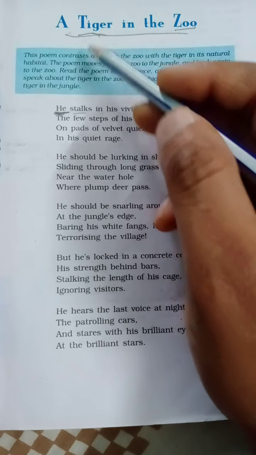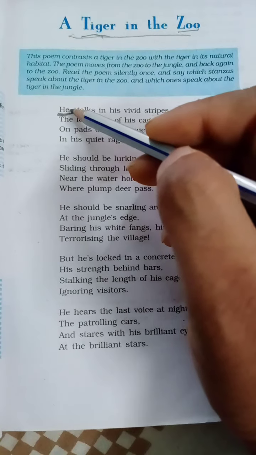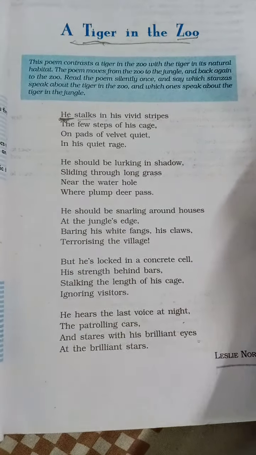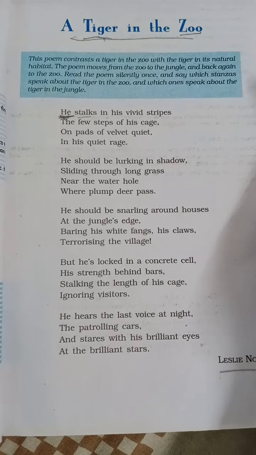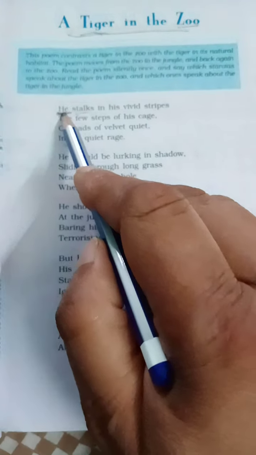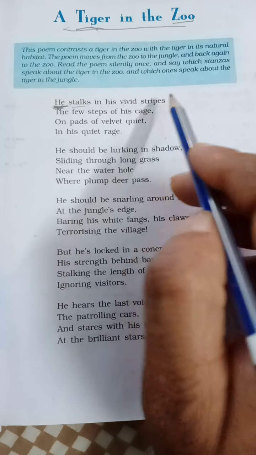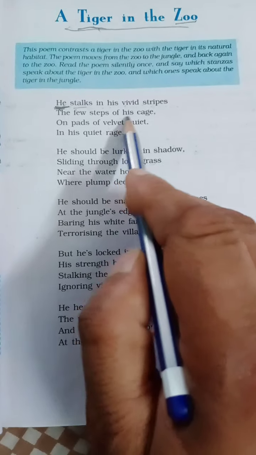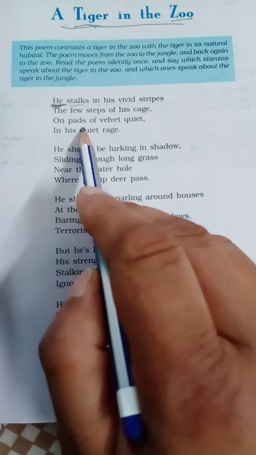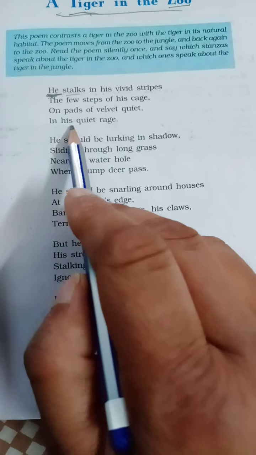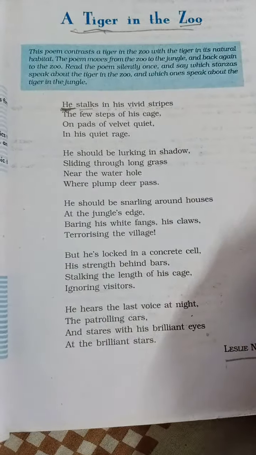As you know very well, whenever he is used for any animal or non-living thing, that is an example of personification. So here: he stalks in his vivid stripes the few steps of his cage on pads of velvet white in his quiet rage.